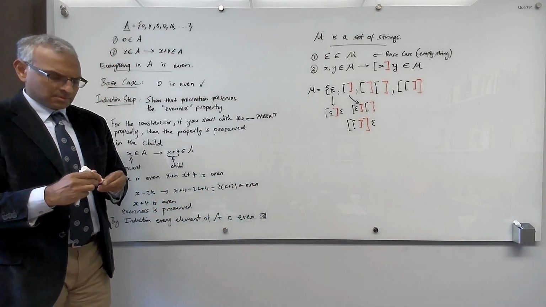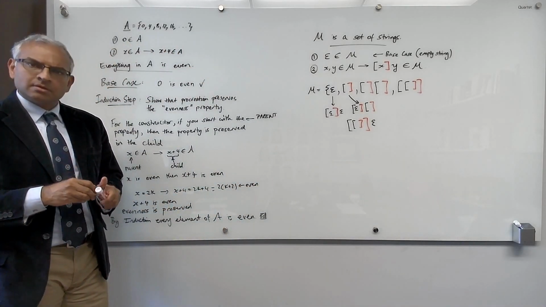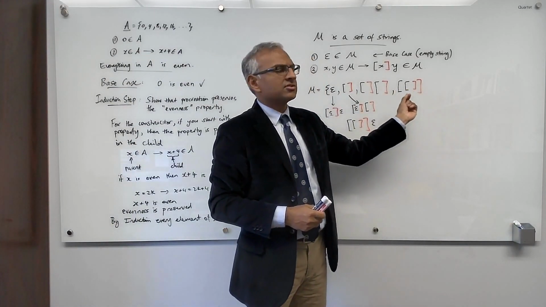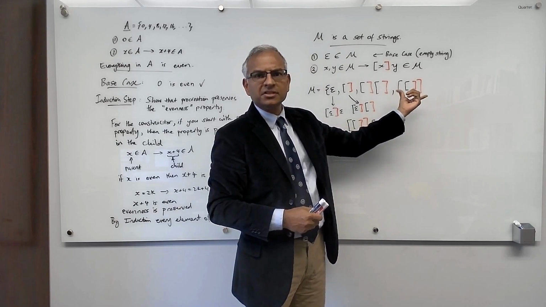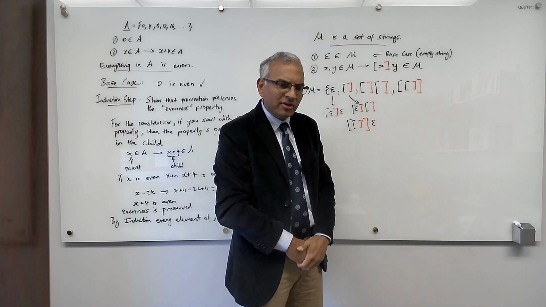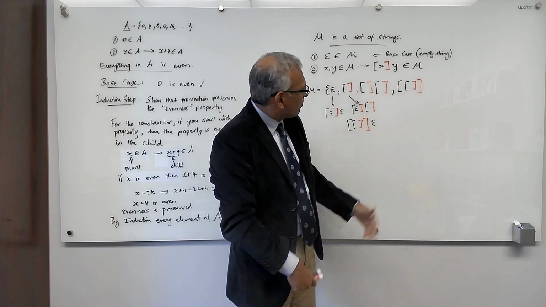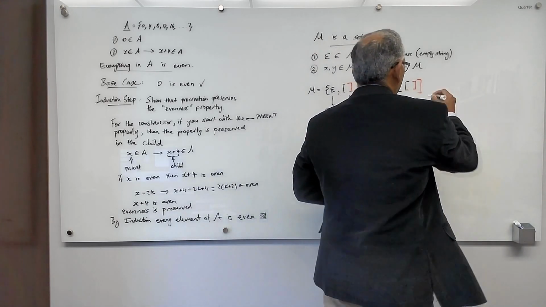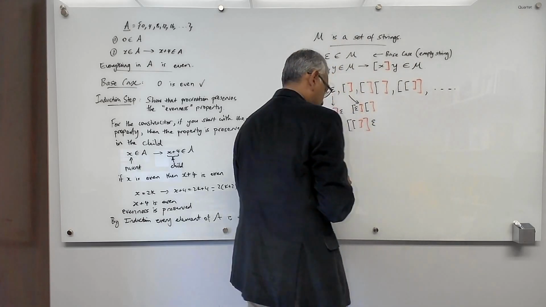I'm constructing strings which consist of open and closed parentheses, and it would be very interesting to try to guess what kinds of strings I'm constructing. So I encourage you to play and see what else you get.